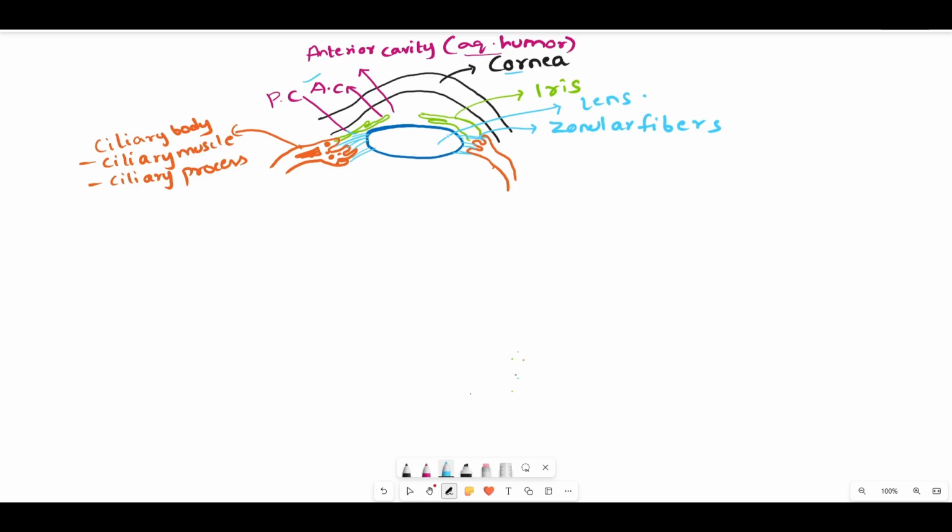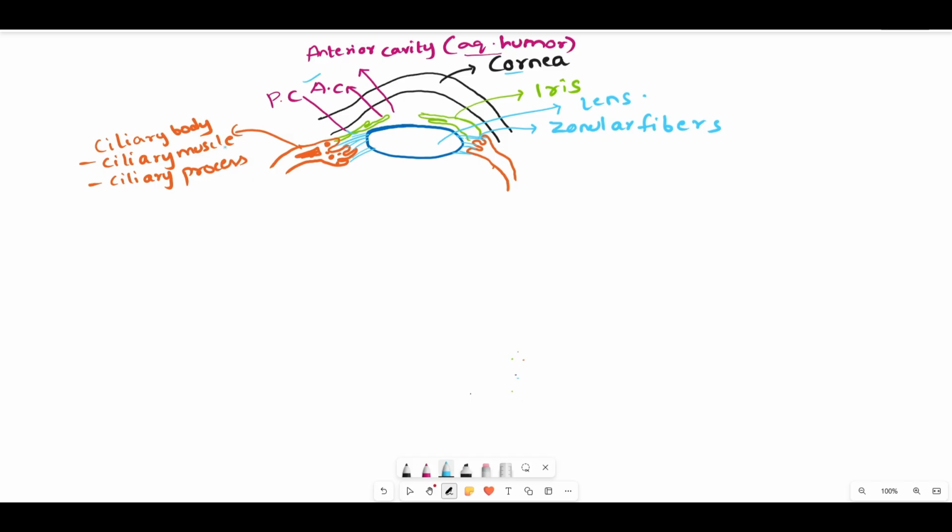And coming to the middlemost part, this part is called the lens. The lens is also a transparent structure that focuses light onto the retina.